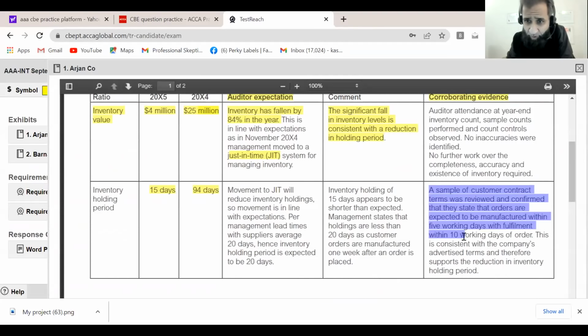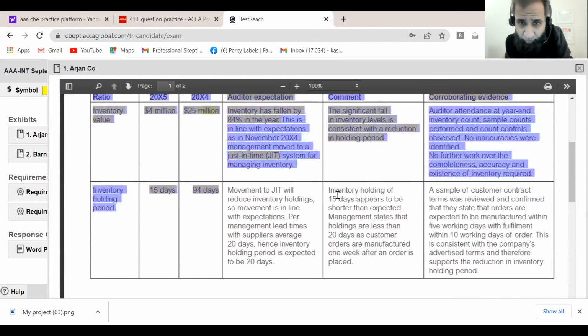You look at the evidence column very carefully because you get marks from here. So you exactly look at the last column to see what evidence has been gathered by the auditor versus the conclusion of the auditor. So you are comparing the last column with the second last and third last columns.